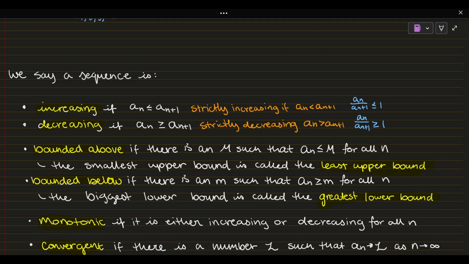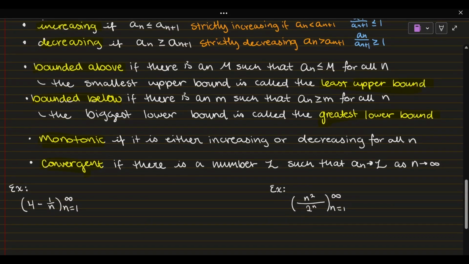And we say it's convergent if there's a number L such that a_n goes to L as n goes to infinity. This is very much our idea of limits at infinity from Calculus 1. The limit as x goes to infinity of f of x is like a horizontal asymptote. This is our idea for sequences: sequences can approach a number very closely, and we'll get an idea of that with these examples below.